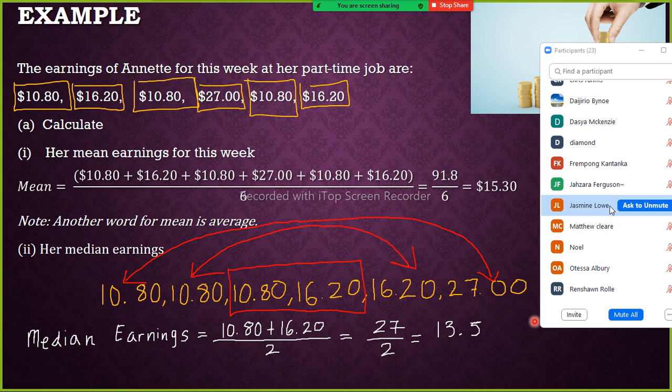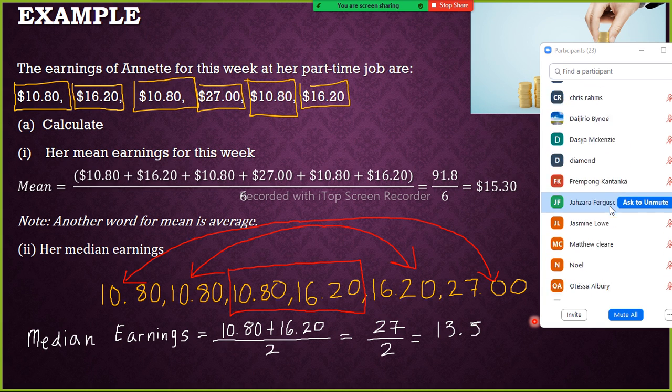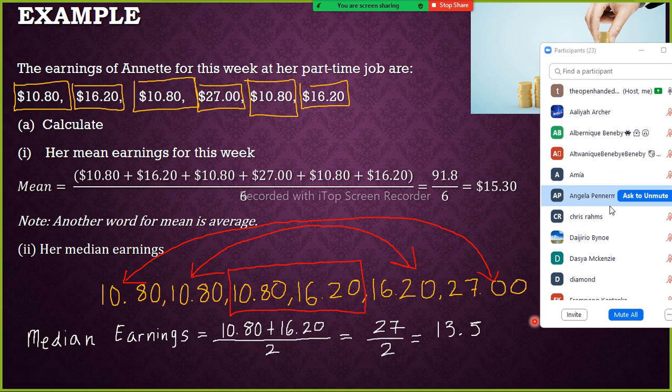Go ahead, Albany. I heard you speaking. What about range?